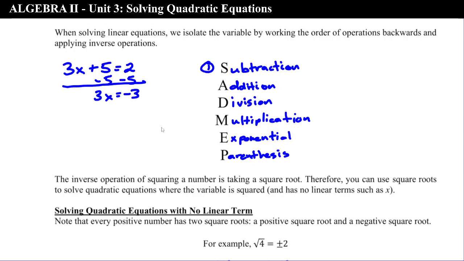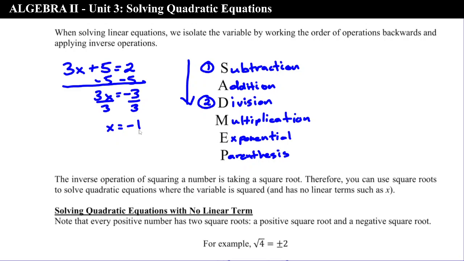Then what did we do? Well, to get x by itself, we had to divide each side by 3. And that is the second thing we did. And you notice we've gone down the order of operations this way. And so we were left with x equals -1. So you may not have been aware of this, but we were doing the order of operations backwards.